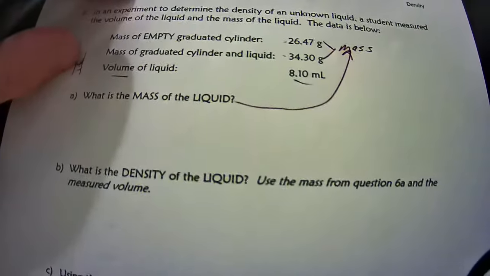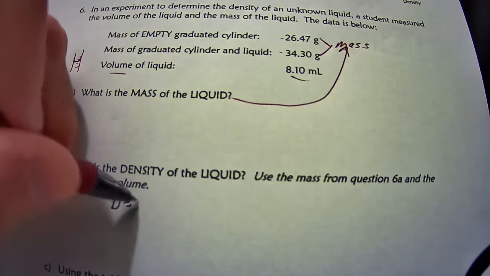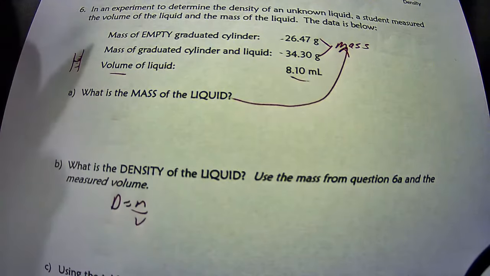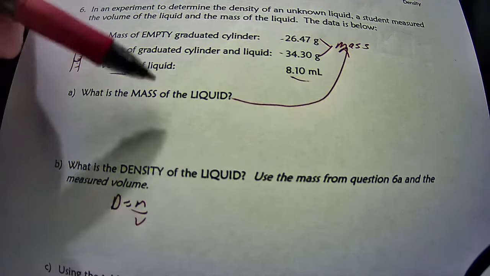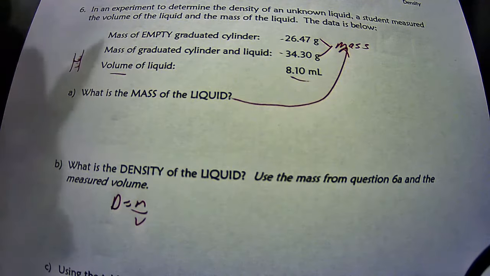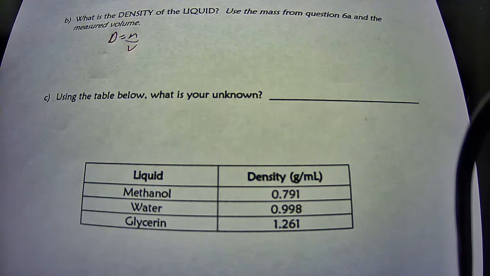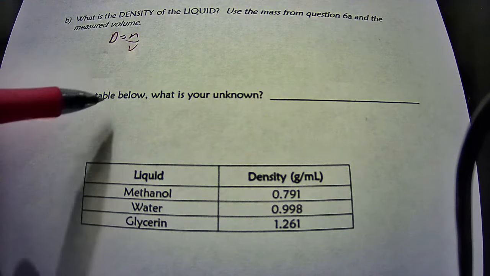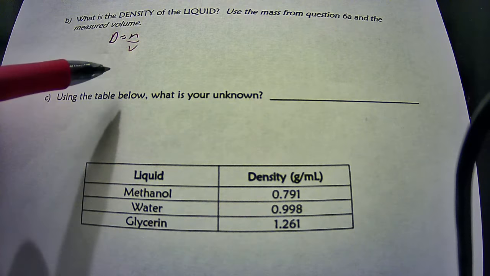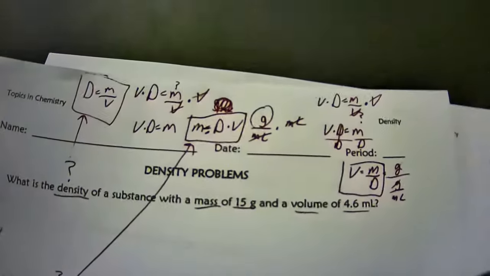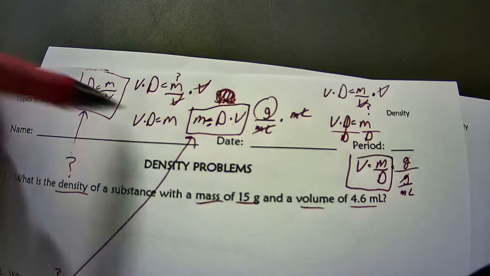Letter B is just asking you for density, which is mass and volume, and you're using the information you got from up here. For letter C at the bottom, what is your unknown? You're just going to pick the one that is closest to the density that you calculated up here. That's how you set it up. Remember, there's really only three variations of the density equation.